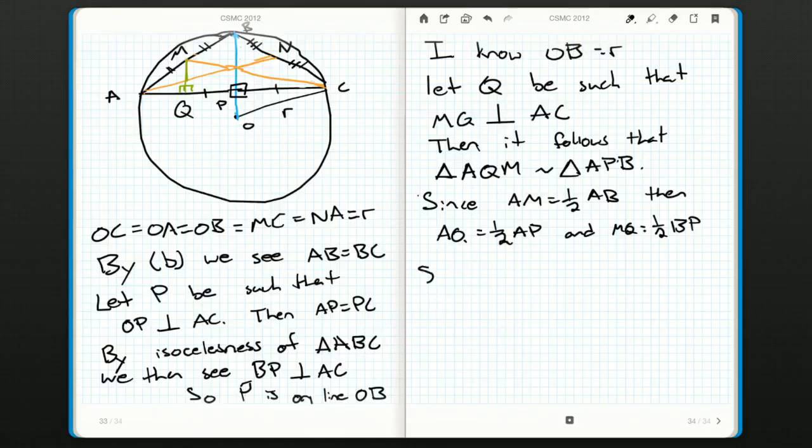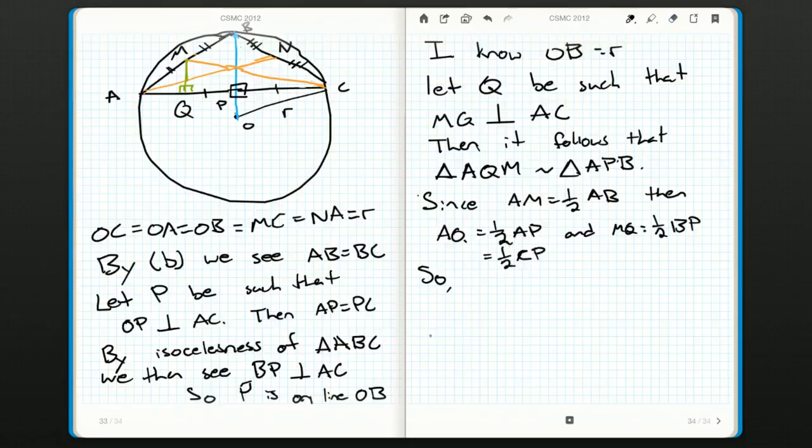Okay. So, 1/2 AP. That is 1/4 of AC. Does that help? Nah, no, it doesn't. But that is 1/2 of CP. Okay. So what do we know?